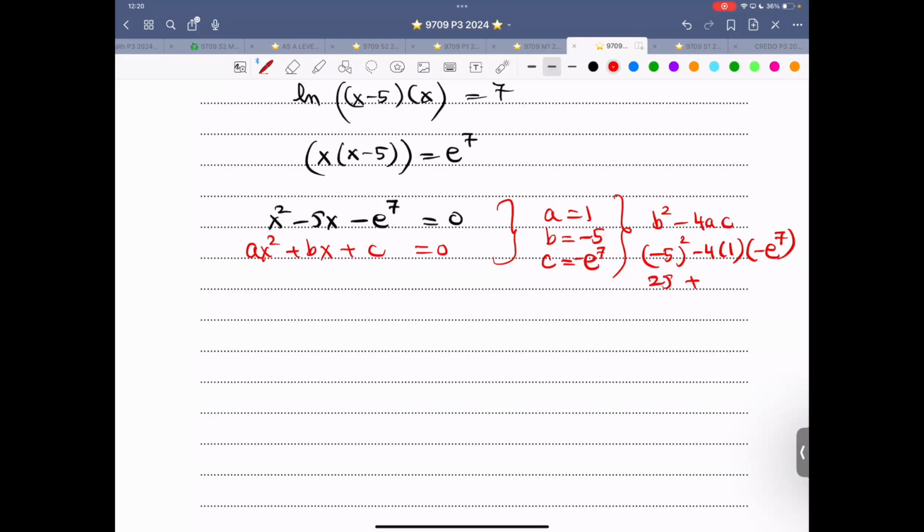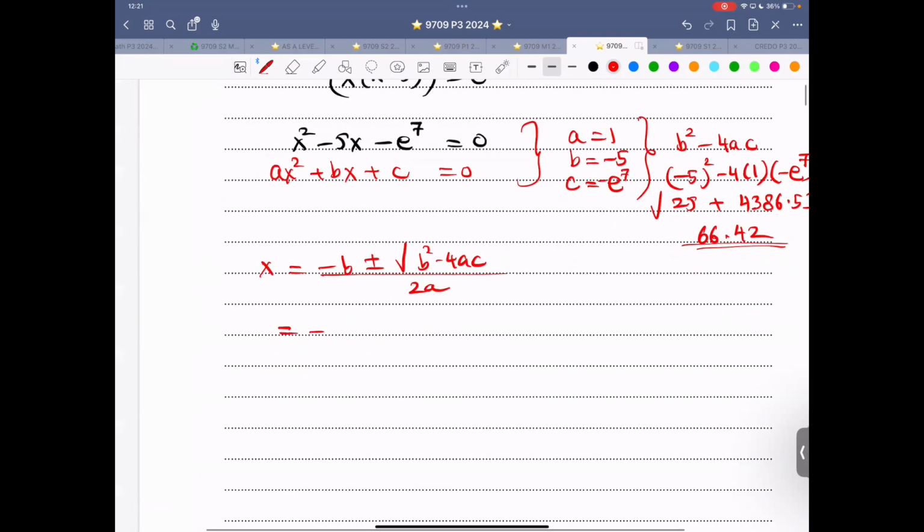Let me multiply it with 4. That is 4386.53. Let me add 25 to it. Let me take out the square root. After the square root, this is coming out to be 66.42, correct to 4 SF. So x equals minus b plus minus square root of b squared minus 4ac, the whole thing divided by 2a.